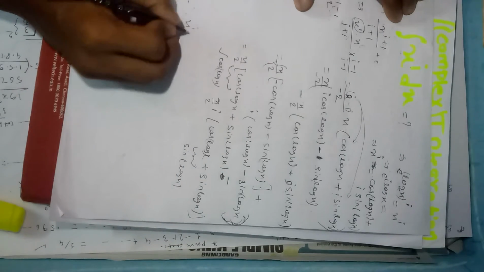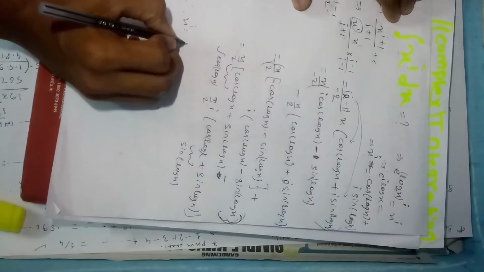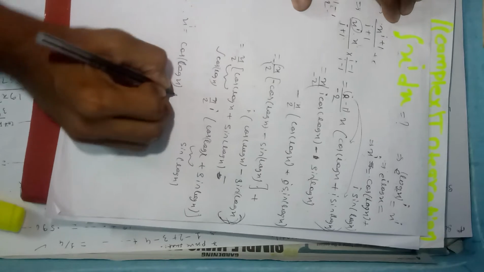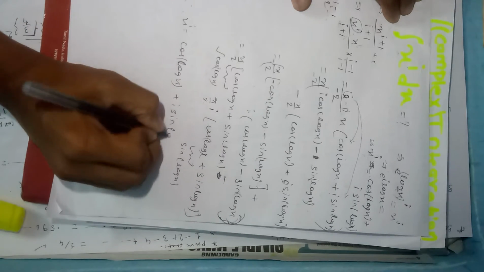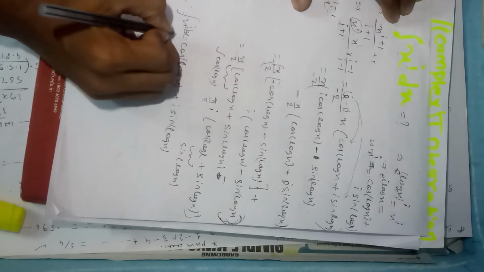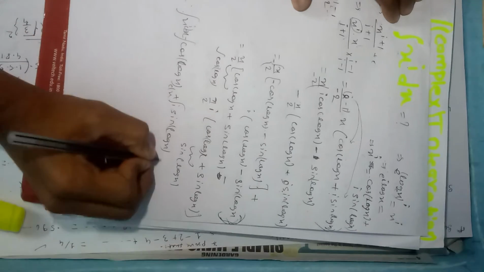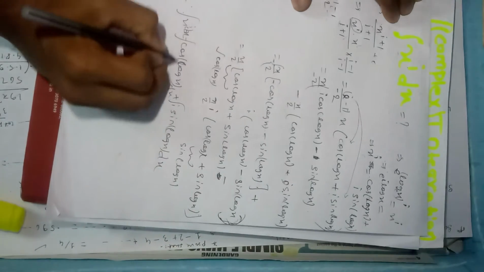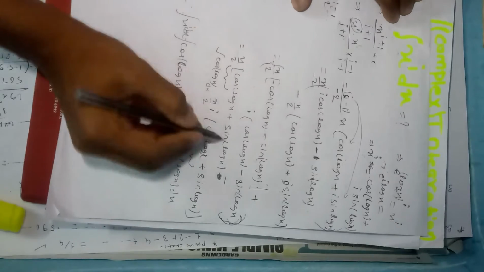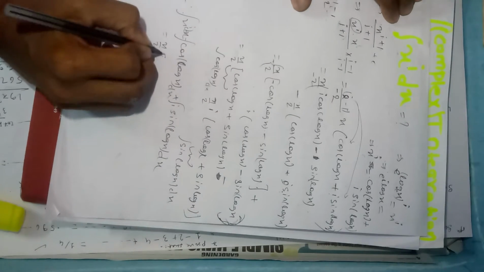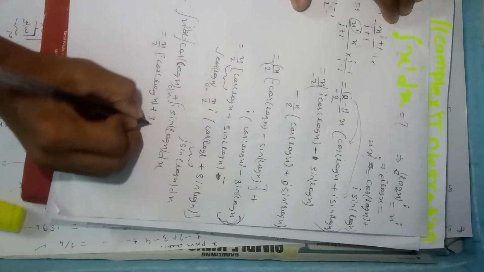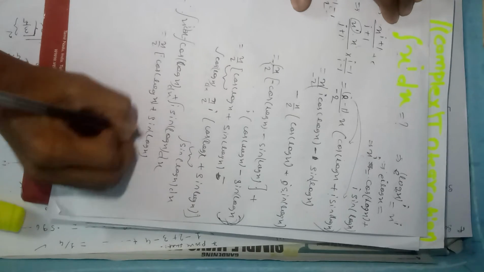So what is x^i? We already found x^i is cos log x plus i sin log x. If we do integration here, the integration of this into dx and of this into dx, the integration of cos log x is this whole term, x by 2 into cos log x plus sin log x.